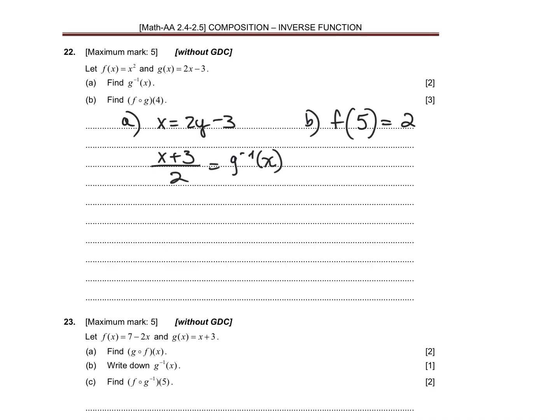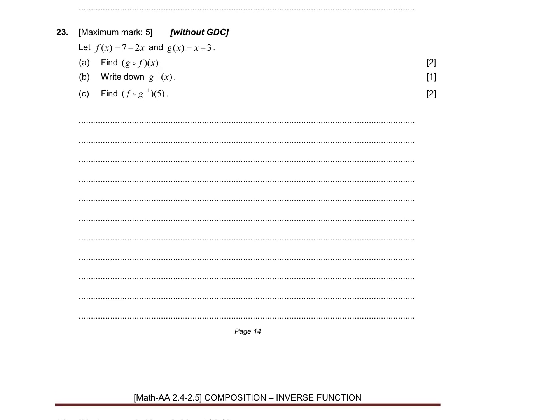And f at 5 is 25. 23, if we substitute f into g, so g of f is going to be 7 minus 2x plus 3, which is 10 minus 2x.